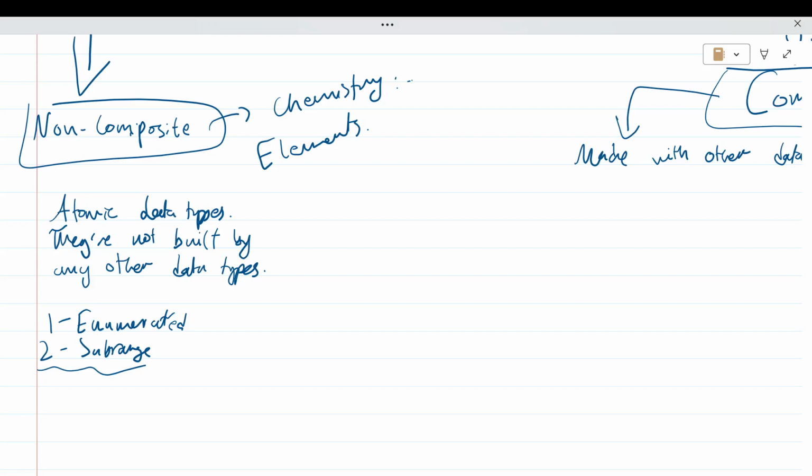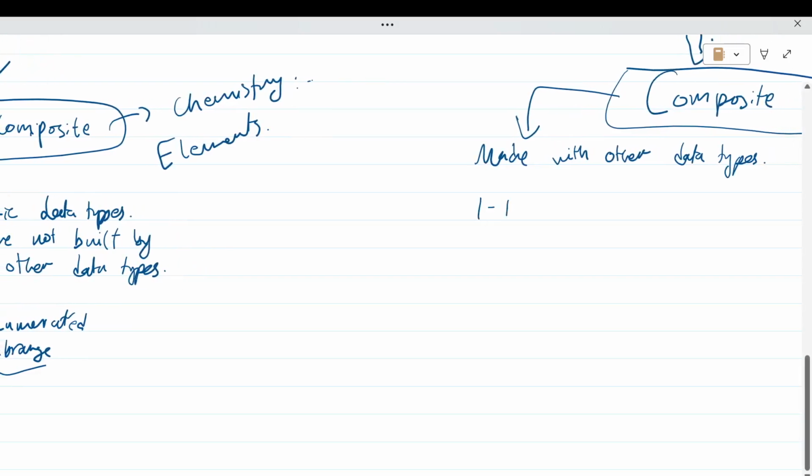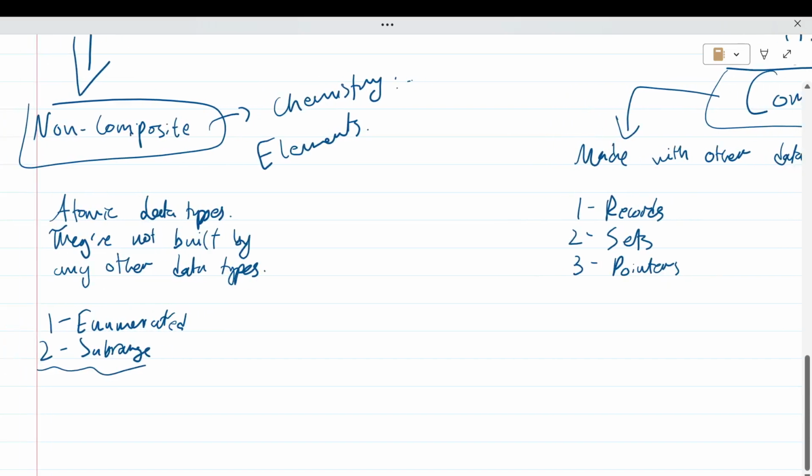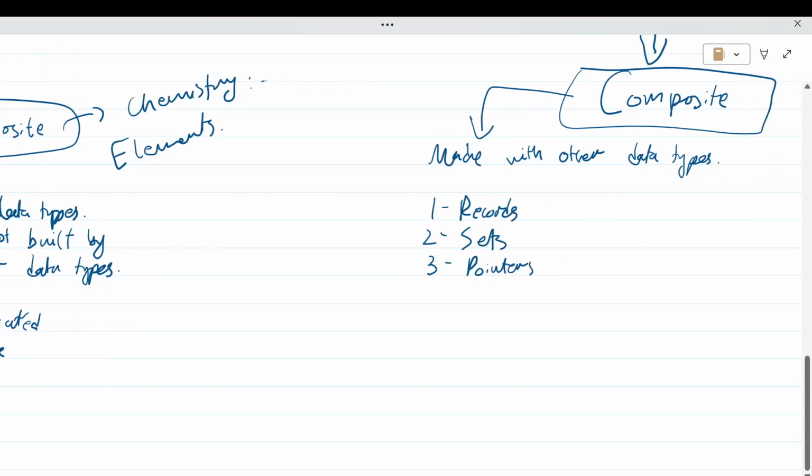And now for the composite data types, the very first thing is records, and then there are sets, and there are pointers. These three are enough, I think. So now we're going to make two lectures, one on non-composite data types and one on composite data types.